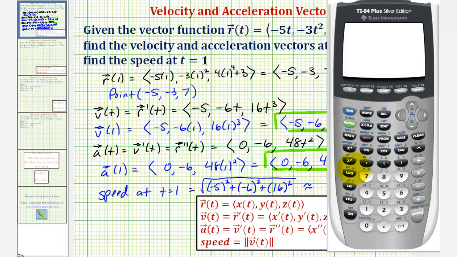So second x squared brings up the square root, and then we have negative 5 in parentheses squared plus in parentheses negative 6 squared and plus 16 squared. So the speed at t equals 1 would be approximately 17.8045 units per second if we assume time t is in seconds.